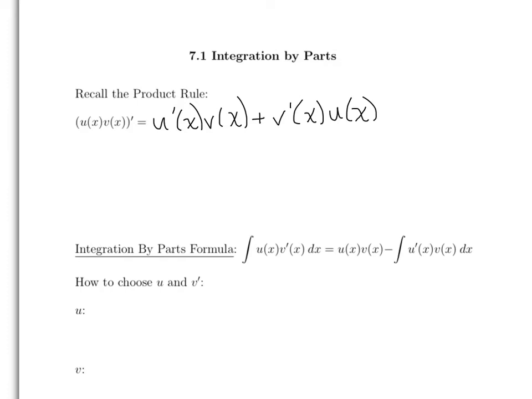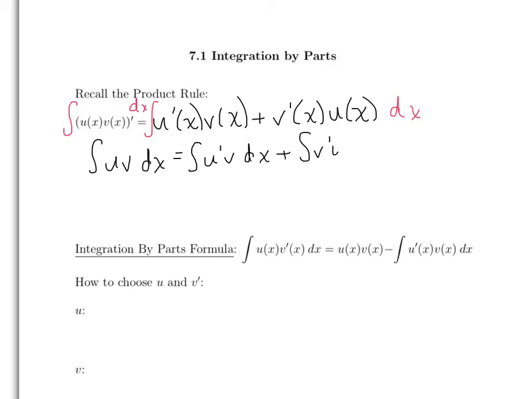Now the idea is if we integrate both sides of this, the integral of this with respect to x and the integral of this with respect to x, we turn that into, I'm going to get rid of the x's because they're kind of a mess, the integral of uv' dx is the integral of u'v dx plus the integral of v'u dx.